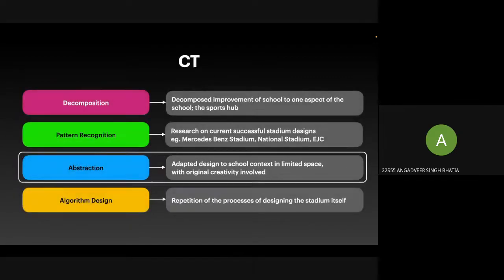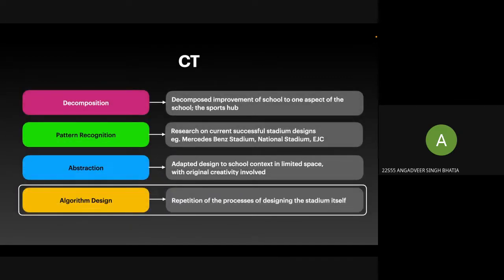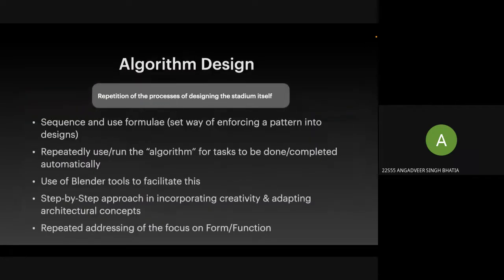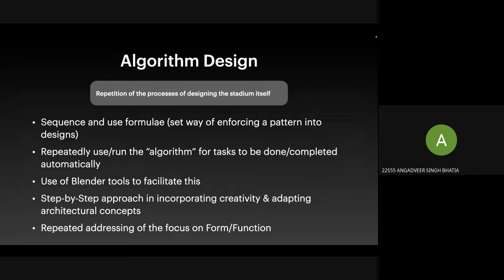And lastly, for algorithm design, this was a repetition of the processes of designing the stadium itself. It comes in two parts. The first part is how all these seats are arranged in a neat manner, in a very geometric pattern, right?